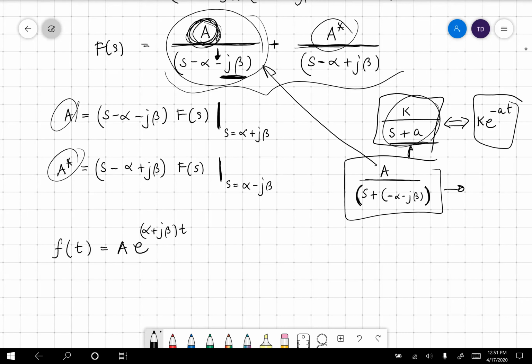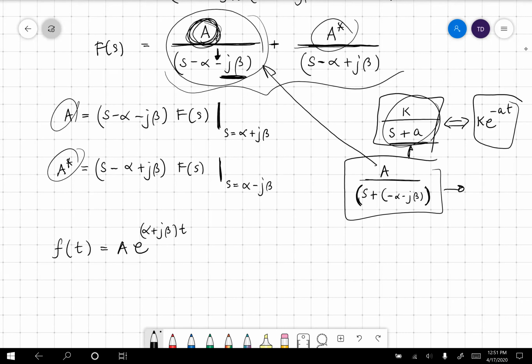So in our table of transforms, recall s over (s plus a) squared plus omega squared inverse transforms into e to the minus at cosine of omega t. We didn't do these for nothing. We did them because they're important.